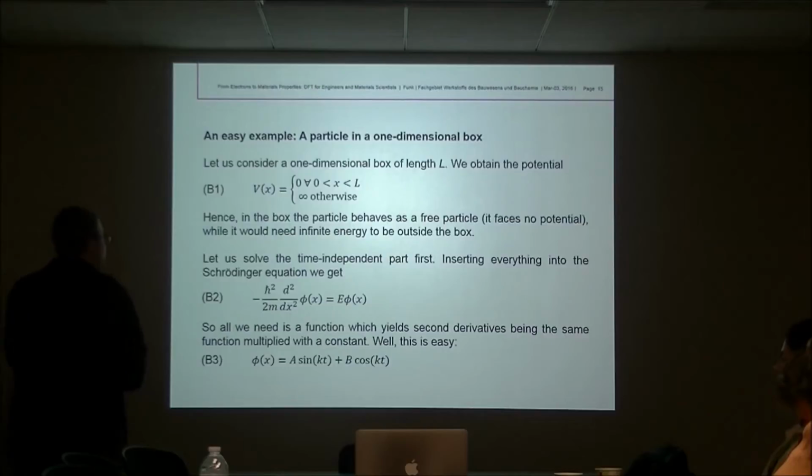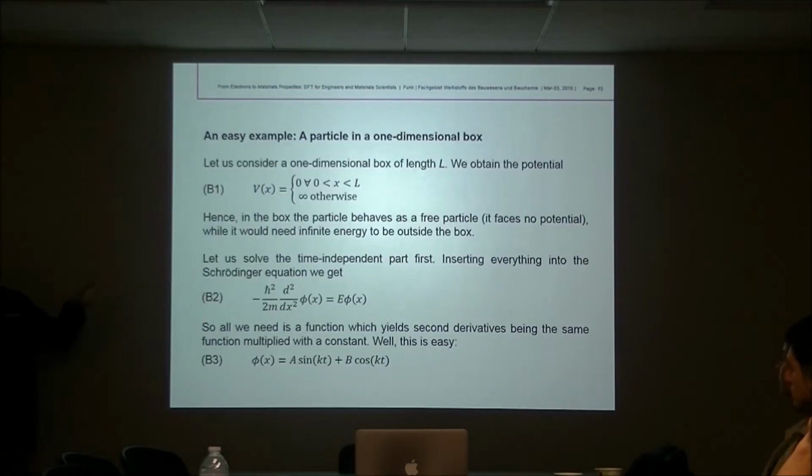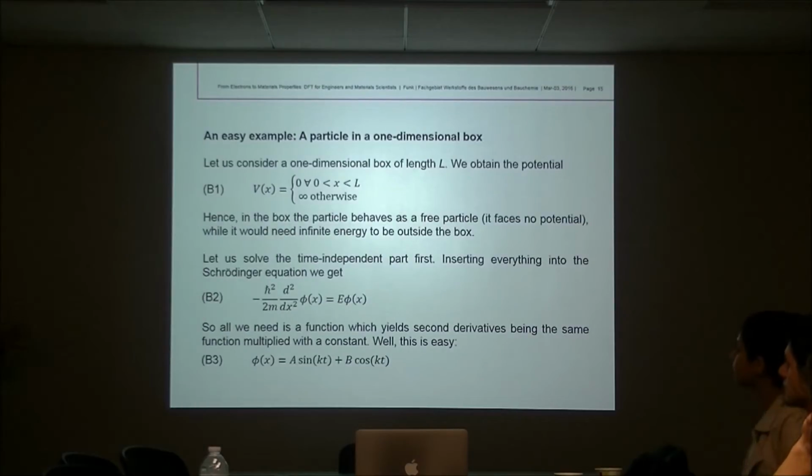So as long as our particle stays inside the box, it faces no potential. It is a free particle. If it wants to get outside, it will need infinite energy, which it cannot get. So it either stays inside or not, but not means to annihilate the particle.